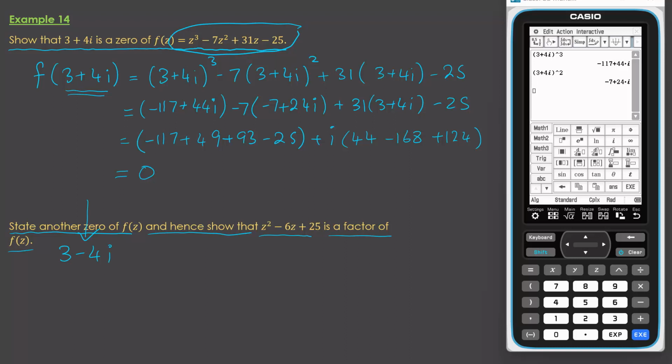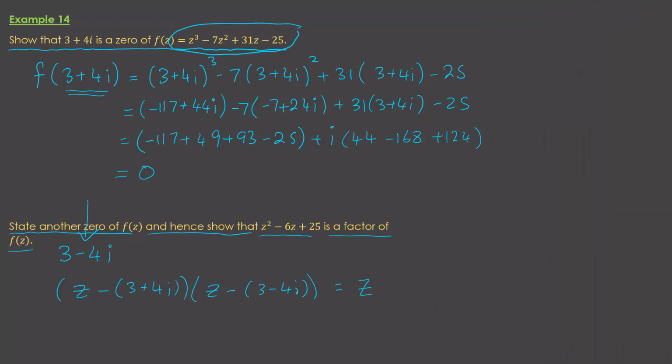That means that z minus (3 plus 4i) must be a factor, and so must z minus (3 minus 4i). And therefore the product of those two things must also be a factor.